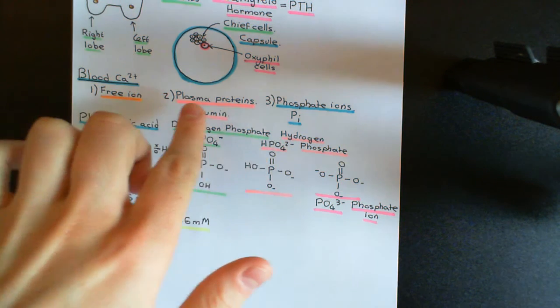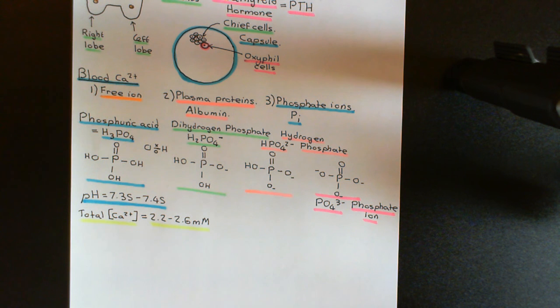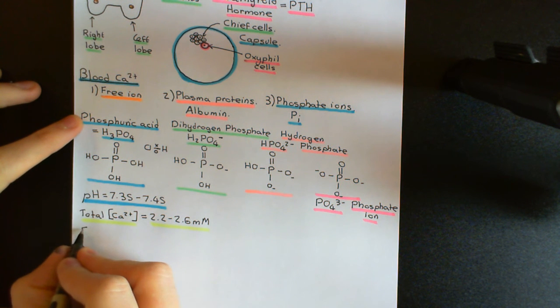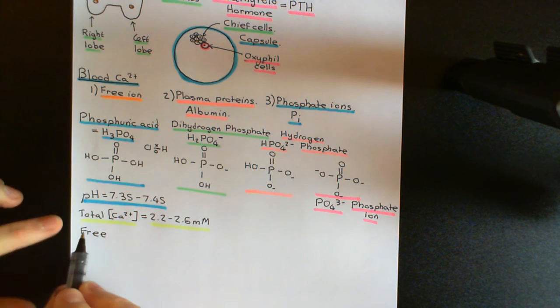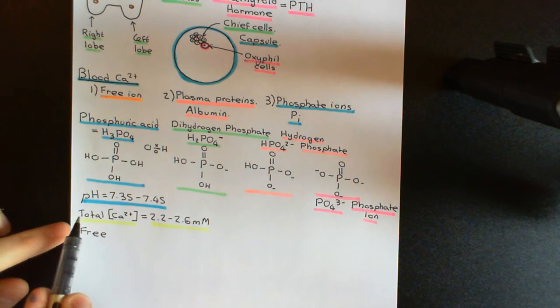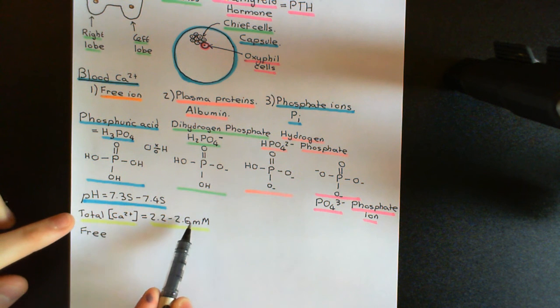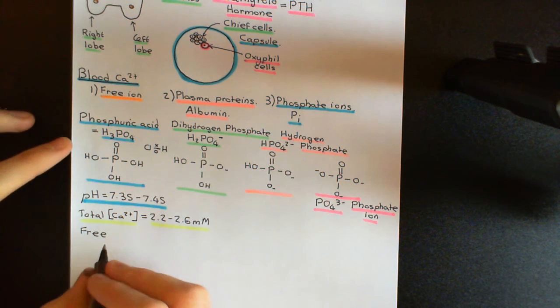We don't care about calcium that's in these forms. We want to keep the free ion calcium concentration the same, so that we don't distort these intracellular signaling processes. So free ion calcium concentration is actually the really physiologically important one. It's this that we want to maintain. We don't really care about maintaining this one, but this is the one that we measure clinically, so it's important for you to be aware of the difference between these two.